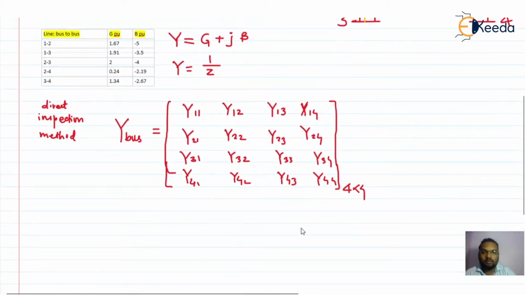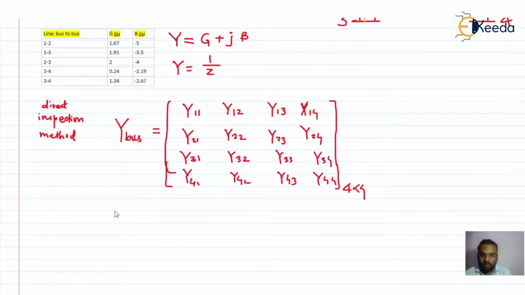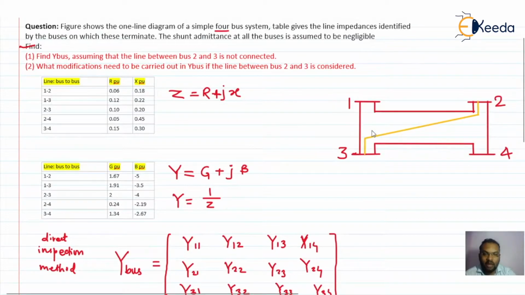So now let us try to find each element. We'll directly write them in the matrix form. Y11 will be the summation of the admittances of the elements which are connected to bus 1.